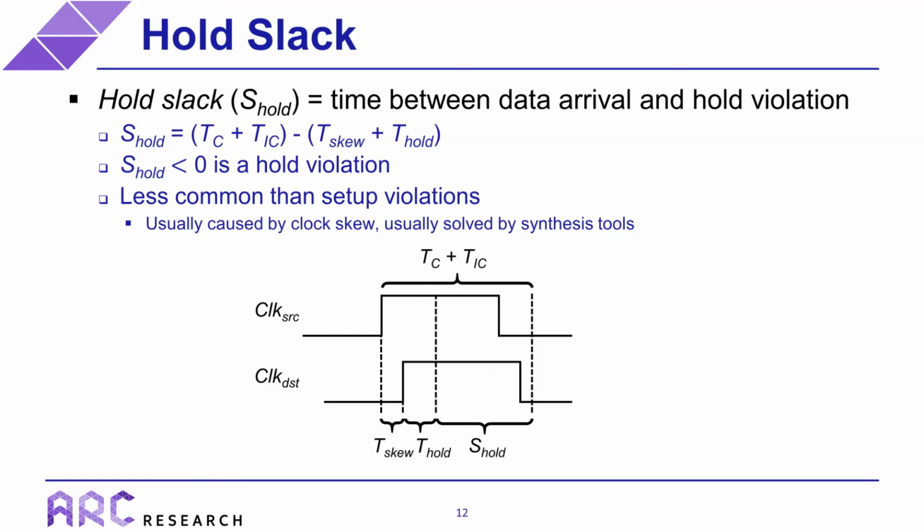So, like the setup slack, a negative hold slack corresponds to a hold violation. And as mentioned before, hold violations tend to be much less common than setup violations. When they do occur, they are usually caused by clock skew, because an increased skew will decrease the slack. Fortunately, usually the synthesis, placement, and routing tools will avoid most of these problems for you.